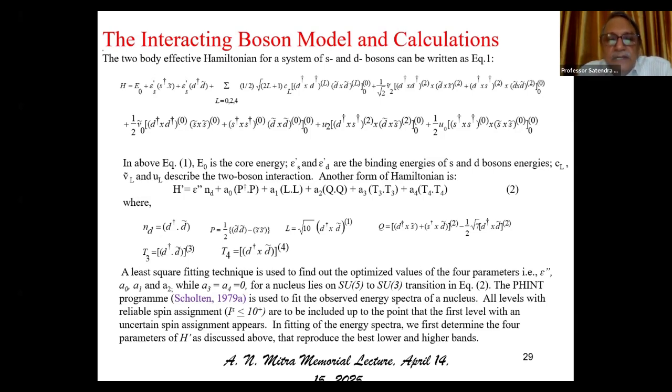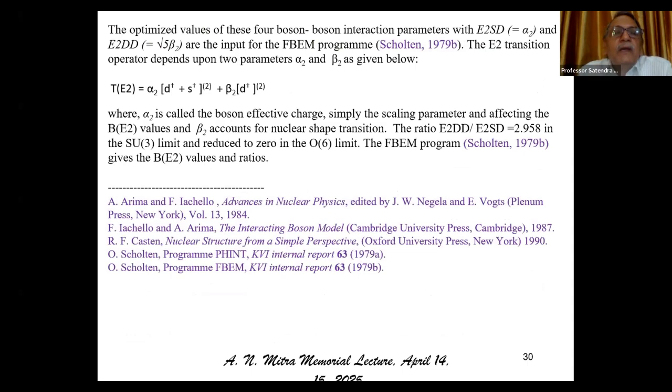The first step is to use the FBEM computer program to get the energy levels. Then we use the program to get the B(E2) values. Here we add two parameters, E2SD, which is alpha 2, and E2DD, which is square root of 5 times beta 2. E2 transitions are correlated in terms of alpha 2 and beta 2 as given below.